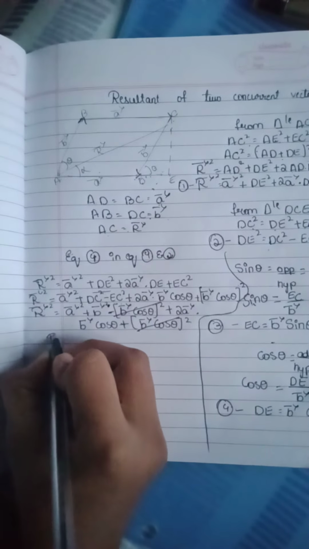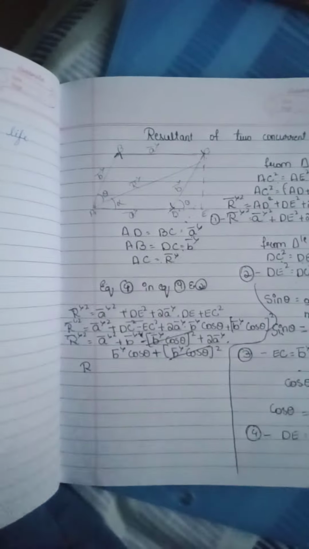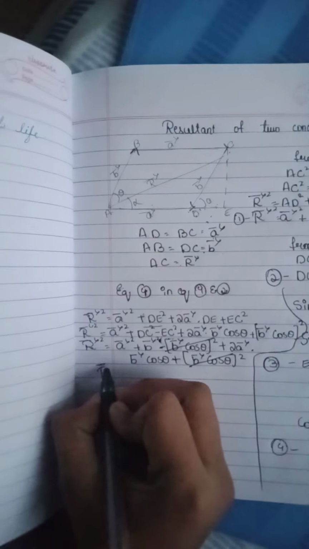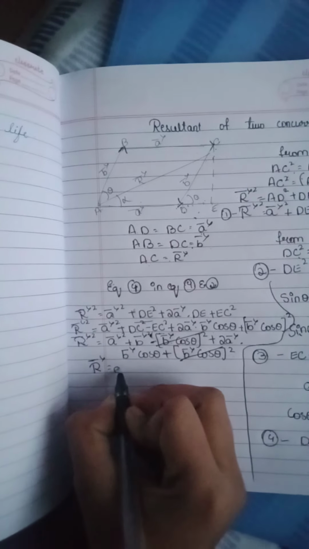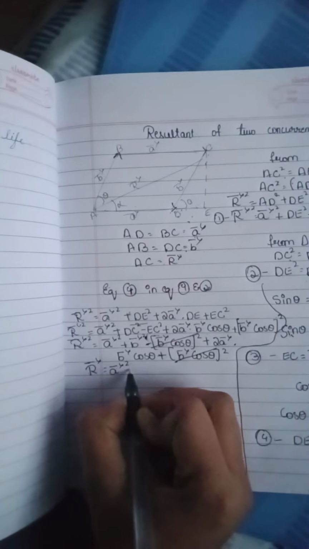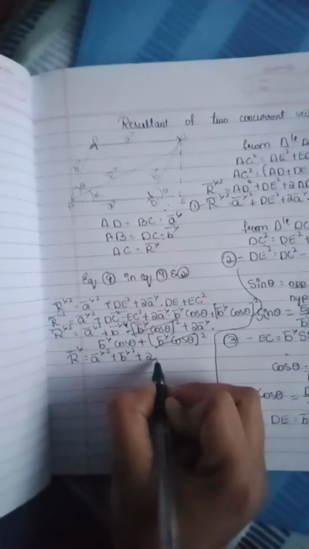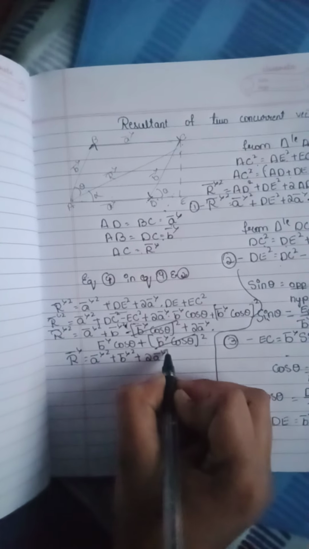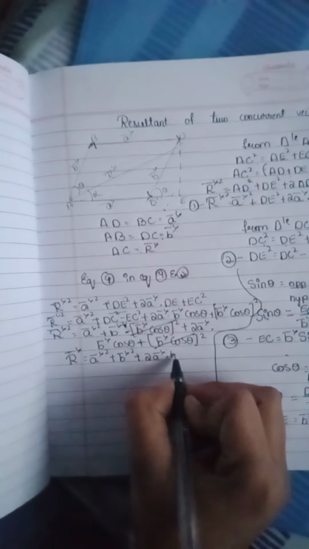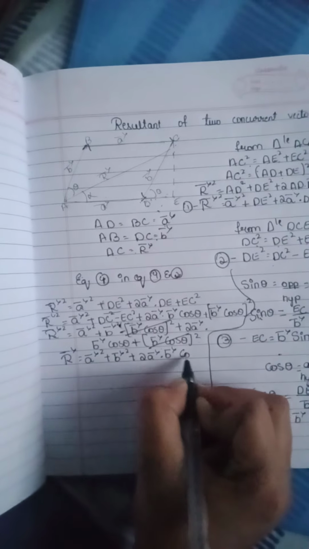So the resultant is equals to vector A plus vector B whole square, plus 2 vector A into vector B cos theta.